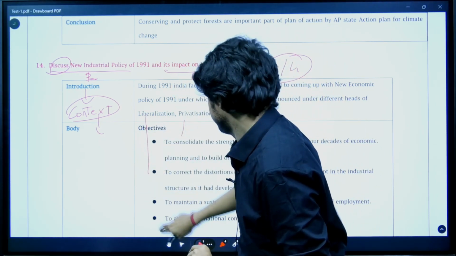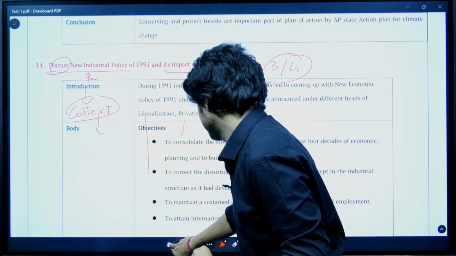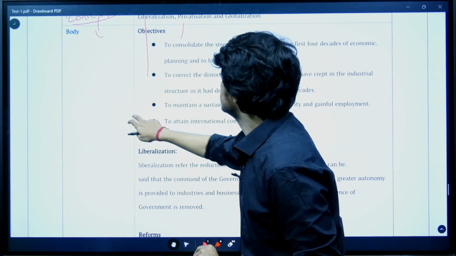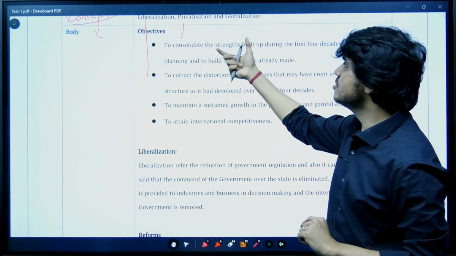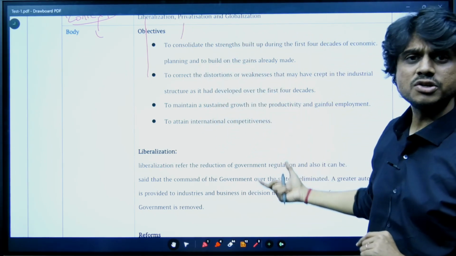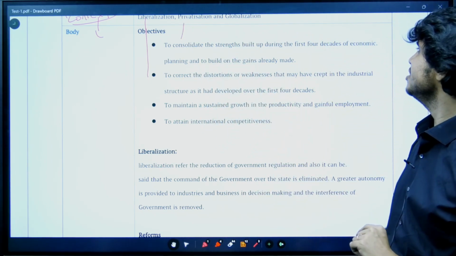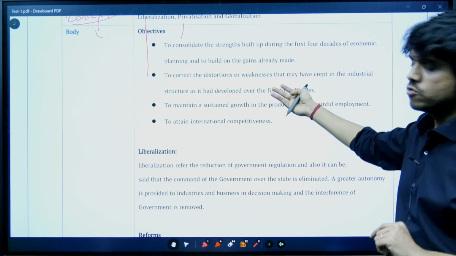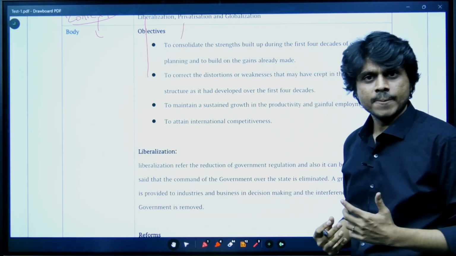After introducing the context, you will introduce what the objectives of this new industrial policy of 1991 actually are. These are simple things, and we don't have to memorize them.